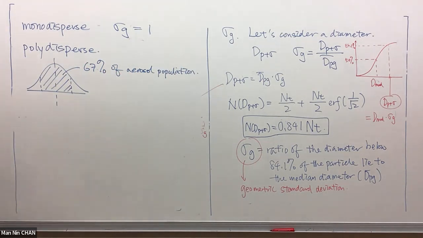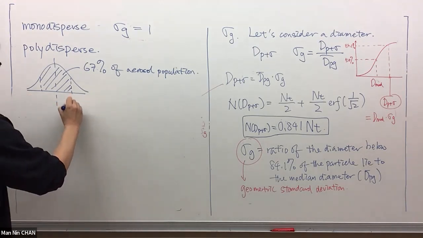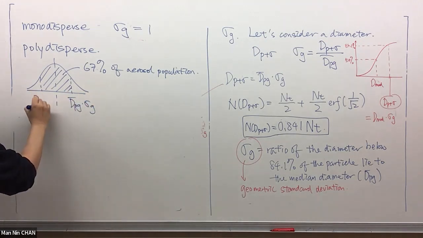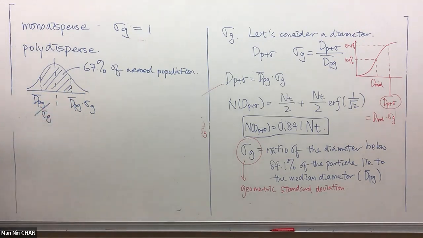So in case we are talking about an aerosol population that is log normally distributed, look at these two size values.